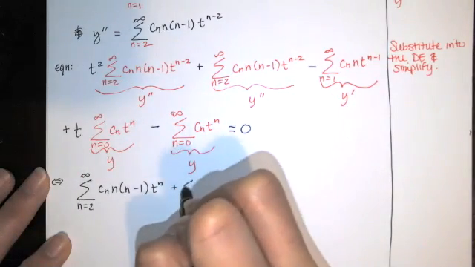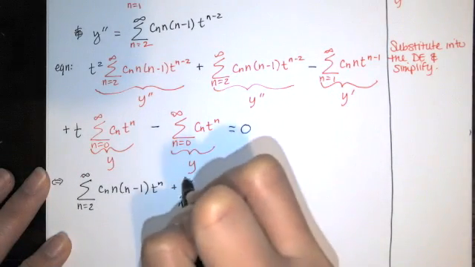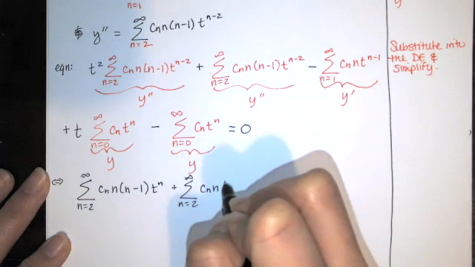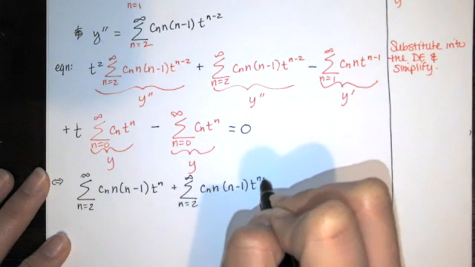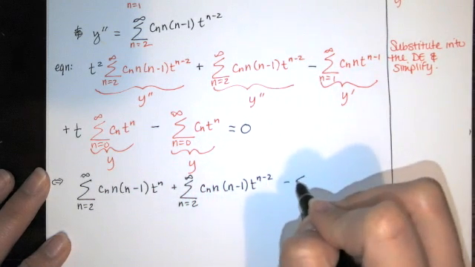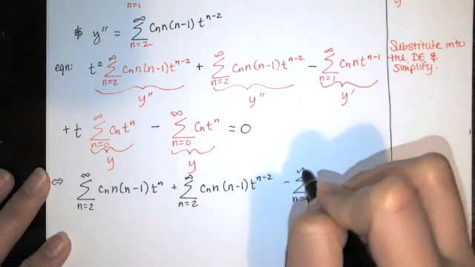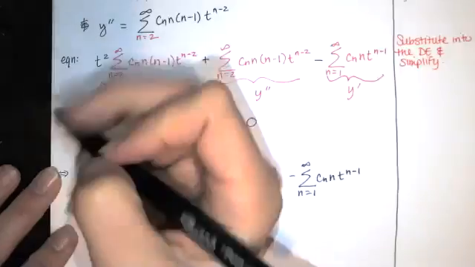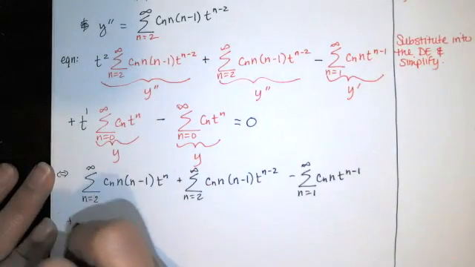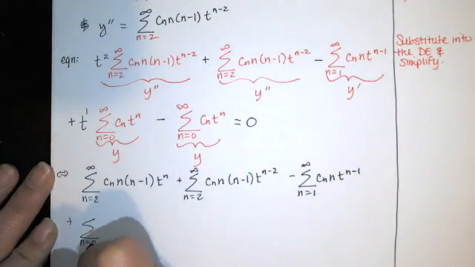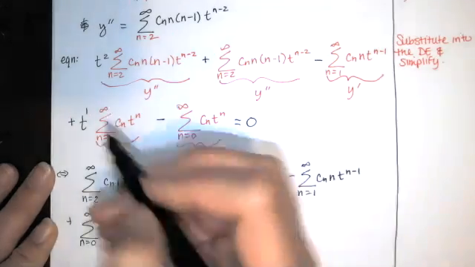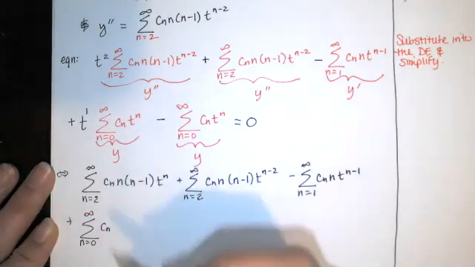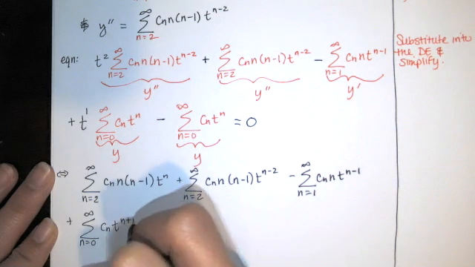This one we're not doing anything with, so I'm just going to rewrite it. Same there. And here when I distribute that t in, that's going to be a sum as n goes from 0 to infinity of c sub n, which is a constant, and I've got t to the n times t to the first, which is t to the n plus 1.